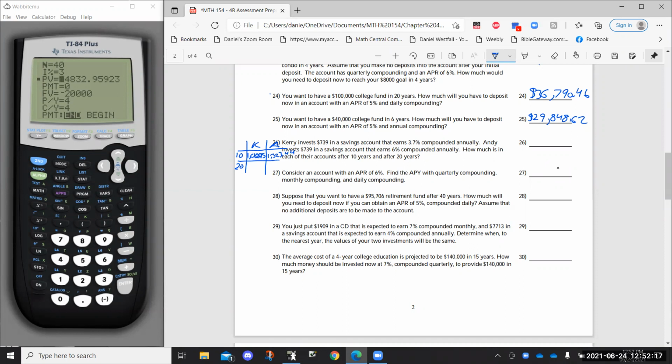And in 20 years, Carrie has $1,528.34, and in 20 years, Andy has $2,370.07. So in both cases, Andy has more in 10 years and 20 years.